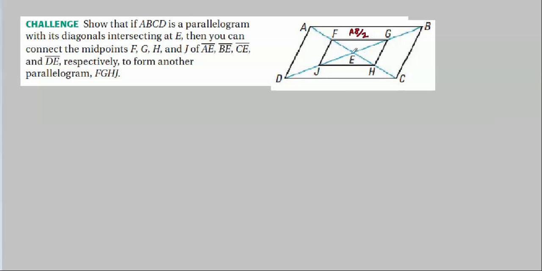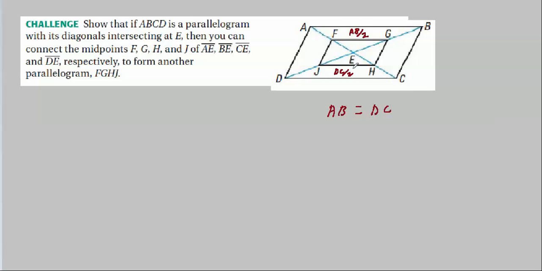Well, down here we have exactly the same thing. We've connected the two midpoints of these sides, which means this midsegment is exactly half of this, or DC over 2. However, AB and DC are congruent. So, in other words, they're congruent, so AB equals DC.